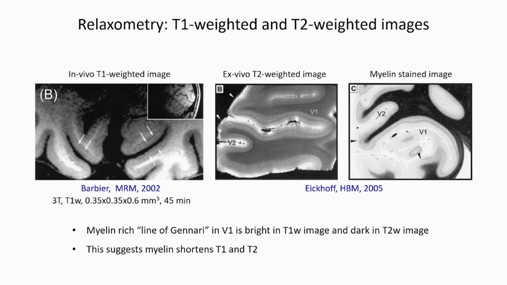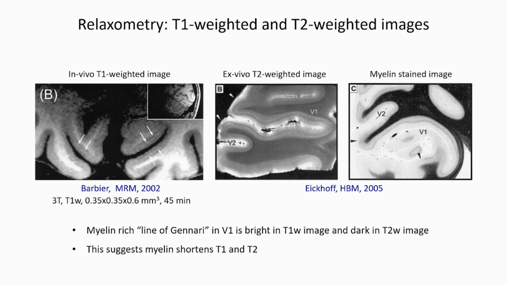Again, by using T1 weighted images, people try to visualize this line of Gennari. And you can see that there is a slight hint of higher signal intensity as visualized here. And at 3T, that took like 45 minutes so that you can convince the reviewer so that you can publish the paper.